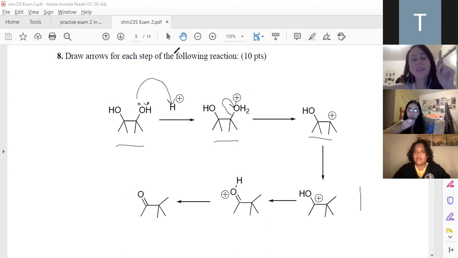It rearranged. This is called a 1,2 methyl shift. We will learn more about that when we get into mechanisms, but the methyl shift. So all you do is you draw one of the methyls, it doesn't matter which, starting at the methyl, and then go to there like that.